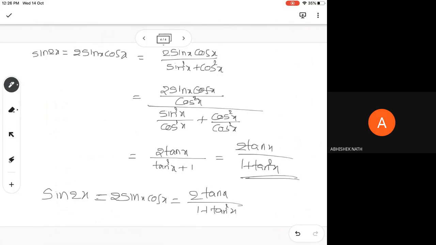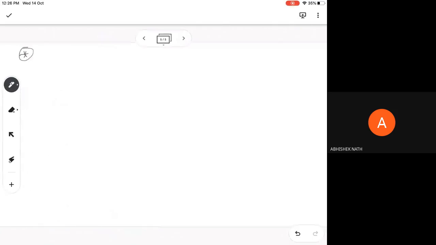In the same way, let us consider cos 2x. Cos 2x can be written as cos(x plus x), which is cos x cos y minus sin x sin y with y equal to x.